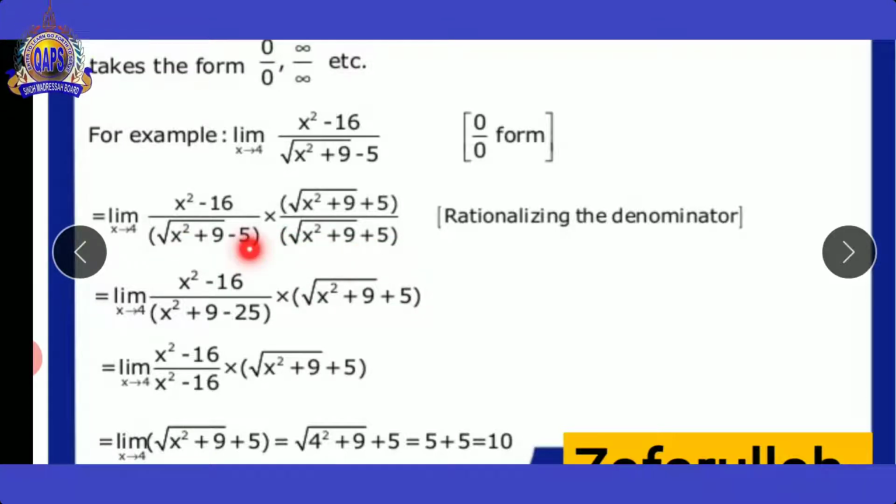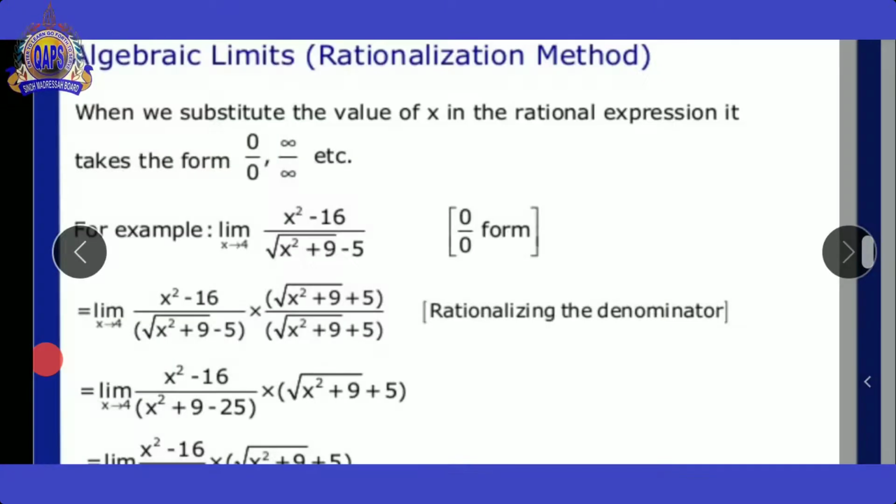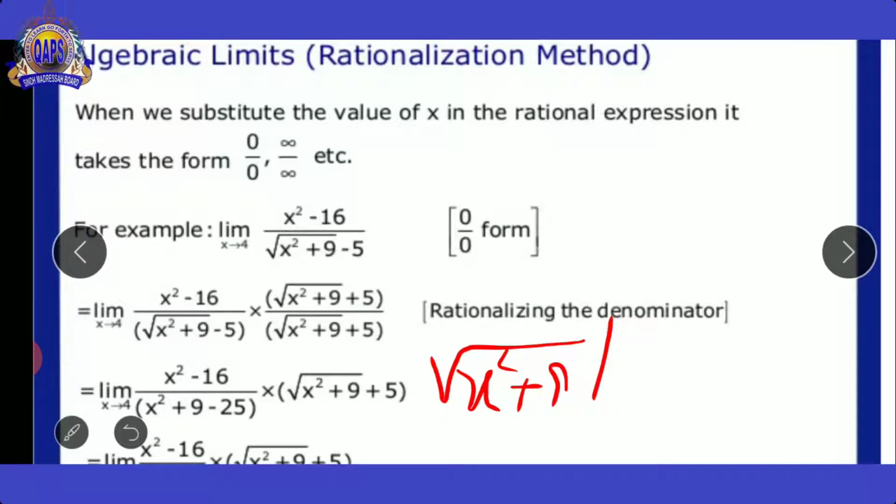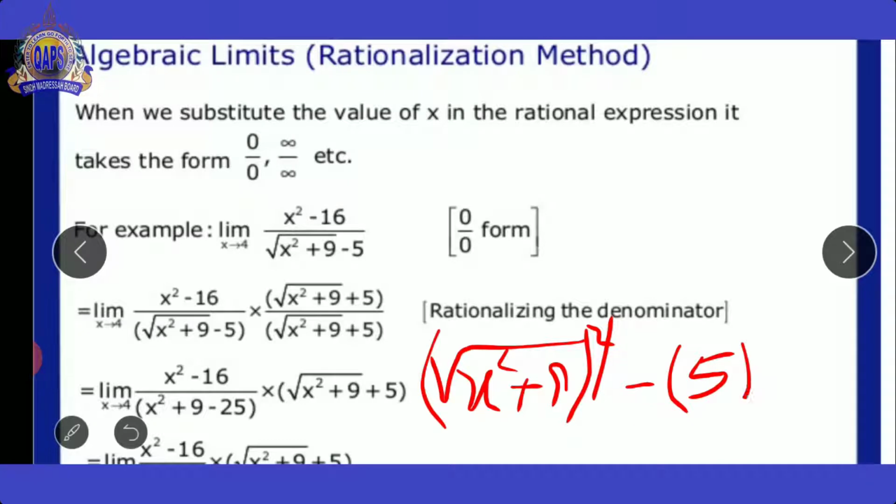So a minus b and a plus b creates the formula of difference of two squares. So this whole situation is converted into this form: x square plus 9 whole square minus 5 whole square.